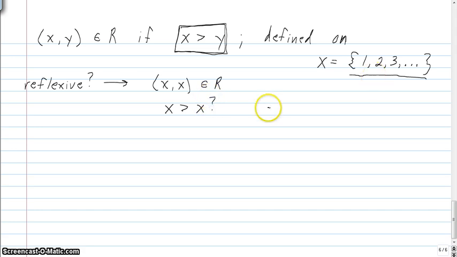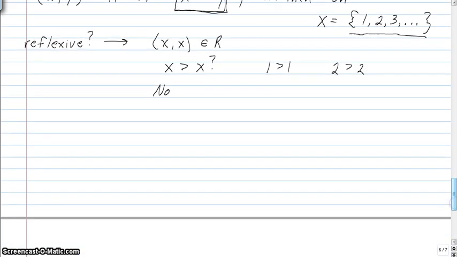So, for example, would it be true to say that 1 is greater than 1? No, that's not true. Is 2 greater than 2? No, that's not true. We can see that's not true for any values of x, so this relation is not reflexive.